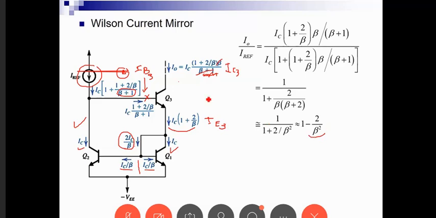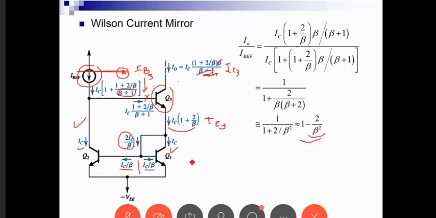What really matters for us is that those two share the same VBE, they have the same IC here, and then we're shrinking the error by passing it to the base of Q3, to go to I reference. So we improved the error term.